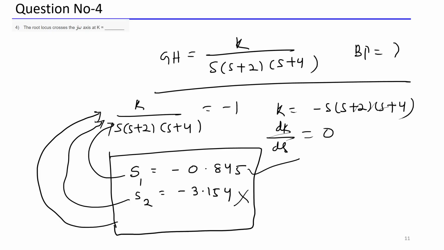If you know these rules, then you need not solve all this question, because in the examination they will not ask you exactly how the root locus diagram goes. They will ask the shape of the root locus diagram. Shape matters rather than the exact point.